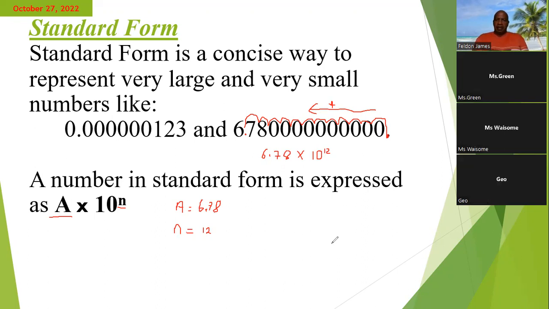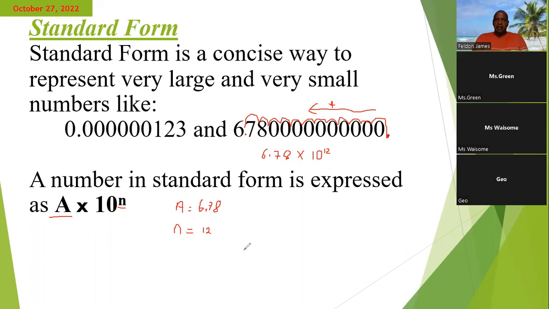Yes, sir. All right, so I have another number there, which I'm going to ask you now to write in standard form. So just do this one by yourself and write it in standard form. And as soon as you finish, raise your hand so that we can see what you get for your answer. I'm giving you about 2 minutes to do that.